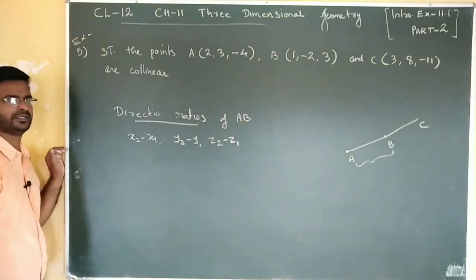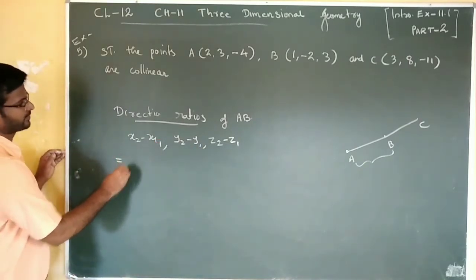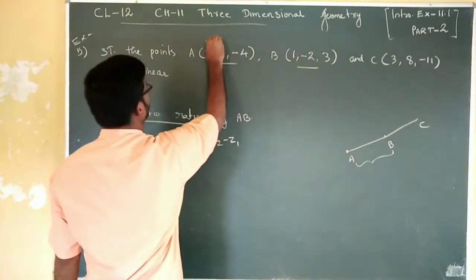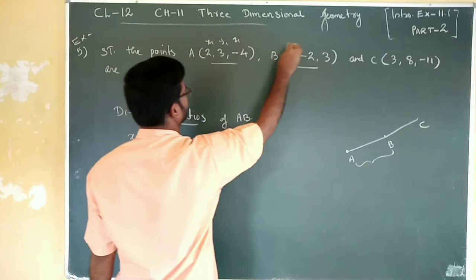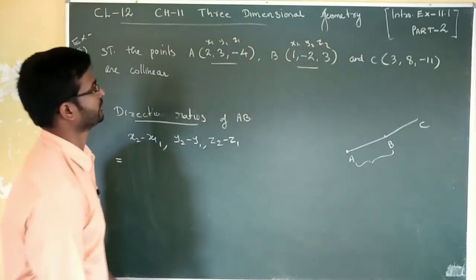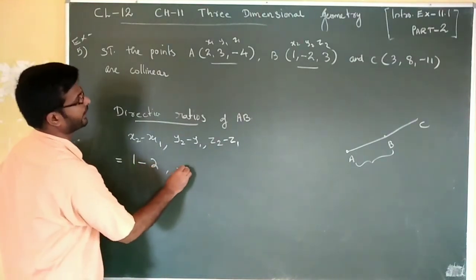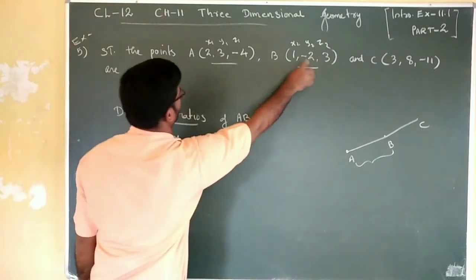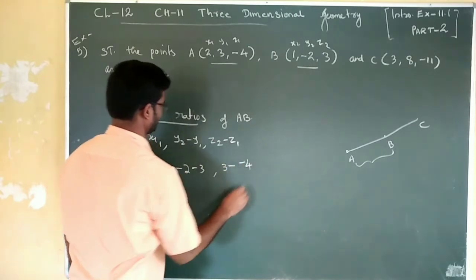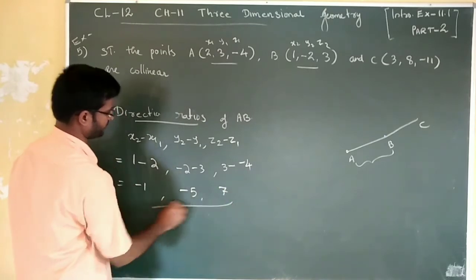We consider A and B, with points x1, y1, z1 and x2, y2, z2. x2 minus x1 is 1 minus 2, equal to minus 1. y2 minus y1 is minus 2 minus 3, equal to minus 5. z2 minus z1 is 3 minus minus 4, equal to 7.